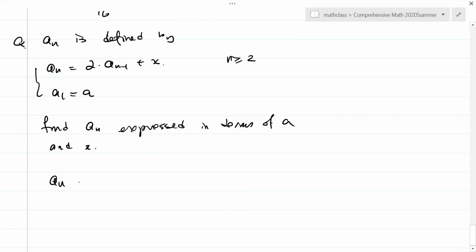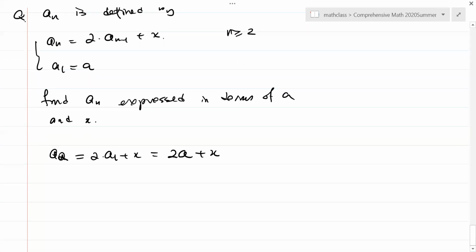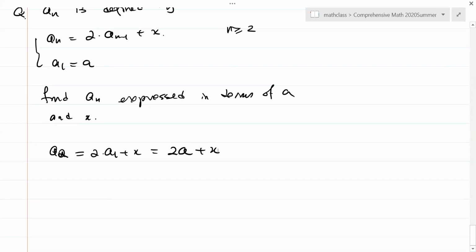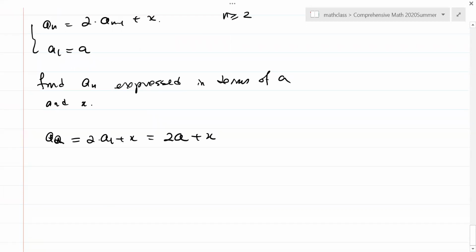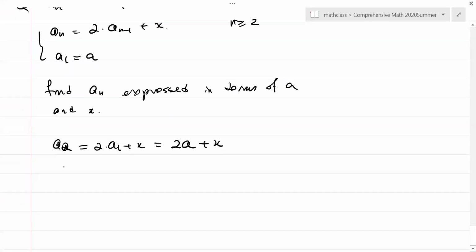So A_n equals, let's say A2 equals 2 times A1 plus x. It's 2A plus x. Okay, fine. Then let's take a look at A3.